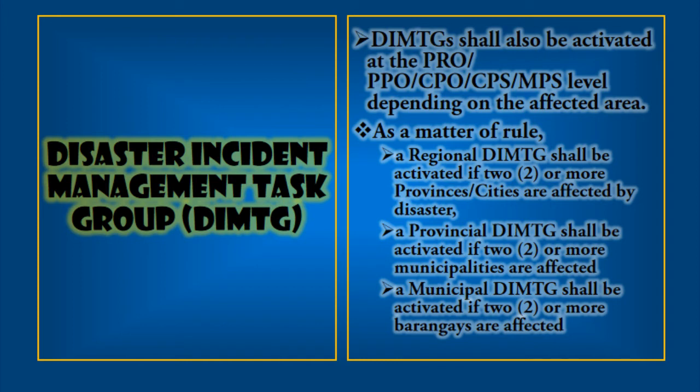So long as dalawang munisipyo yung apektado. Okay? So, for municipal DIMTG naman, kapag dalawang barangay ang apektado. So, Barangay Molino and Barangay Zapote. Okay? Or barangay, ano ba ang barangay nyo dito sa Cavite? So, nandyan, Barangay Molino, and then yung kalapit na barangay natin. So, yun, dalawa ang apektado. That should be, or municipal DIMTG is to be activated.